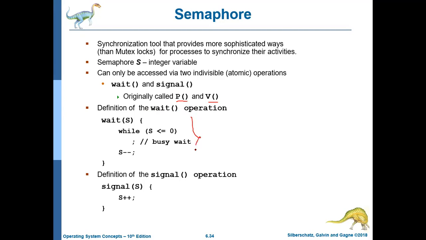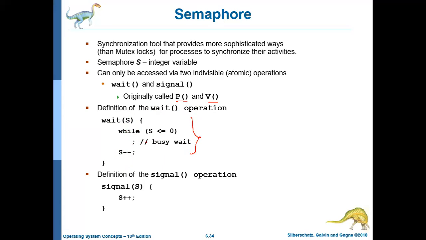Wait's code is like this. Whenever you call wait with the semaphore, capital S, if the value of S is 0 or negative, then you have to wait. If not, S will be decremented and you are out of the wait. A simple thing is that if the value of semaphore S is greater than 0, you will not wait.